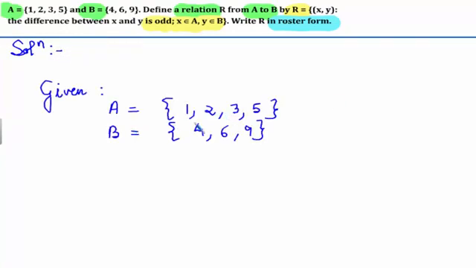Given set A as 1, 2, 3, 5 and set B as 4, 6, 9.